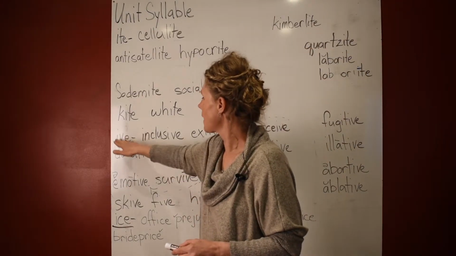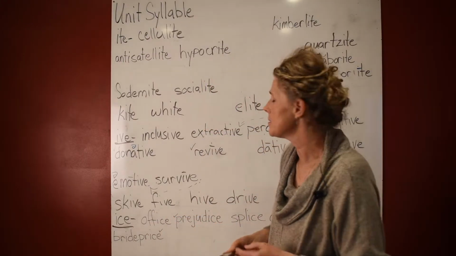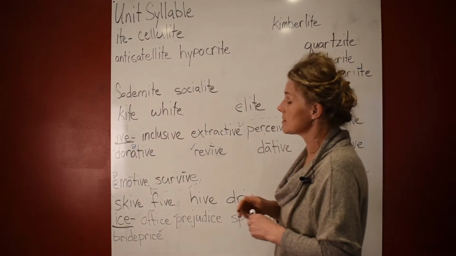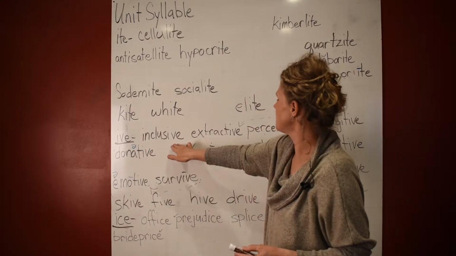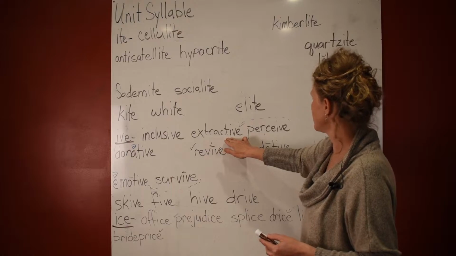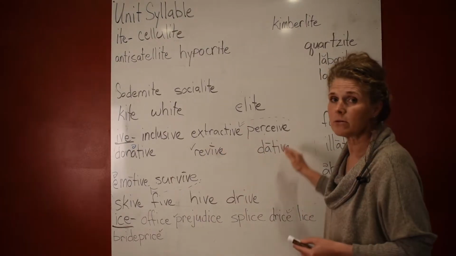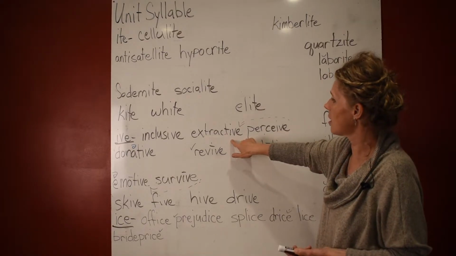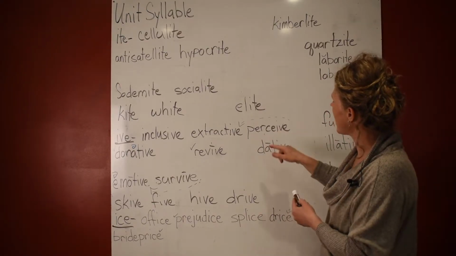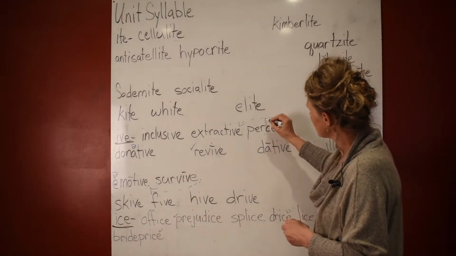Now we have IVE that says IV, most of the time at the end of a multi-syllable word, or it does say I've. Inclusive, extractive, perceive. Oh, did you hear that? Eve. Now, this is not a unit syllable. This is a vowel team syllable right here.